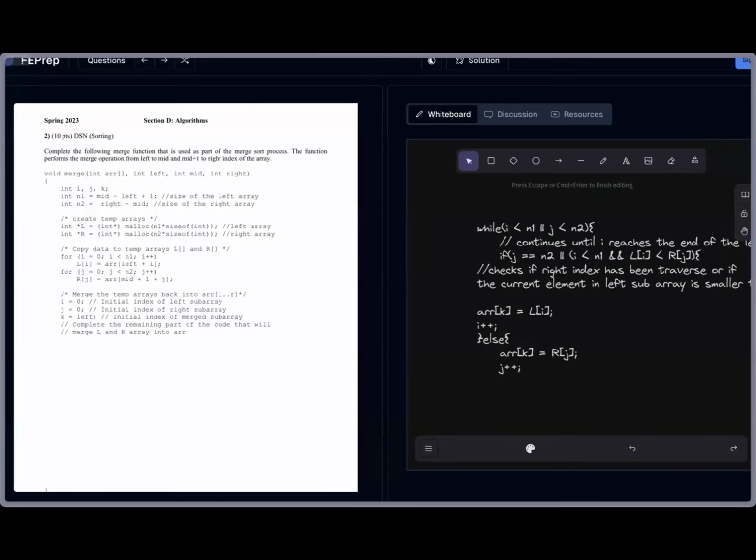We'll increment j, and then we have to increment k because k is in our merged array, and we need to be able to place the values, right? So we'll increment k. Pivot can be random, yes. k plus plus. Boom.